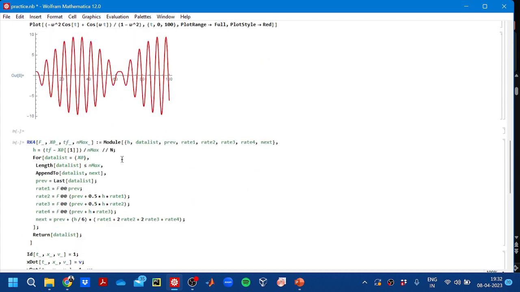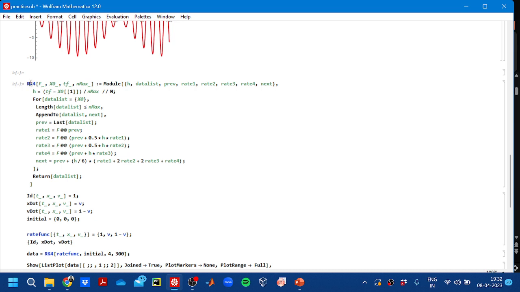Similarly, this is the code for the RK4 method. The update equations and all this, we have already discussed. So these are our four coefficients, and these are evaluated at the initial value, then this point 0.5 h by 2, this is our k1, this is our k2, from k2 we are getting k3, and similarly from k3 we are getting k4.